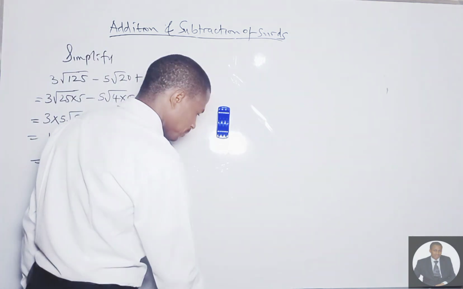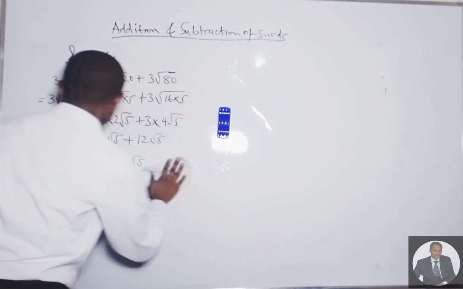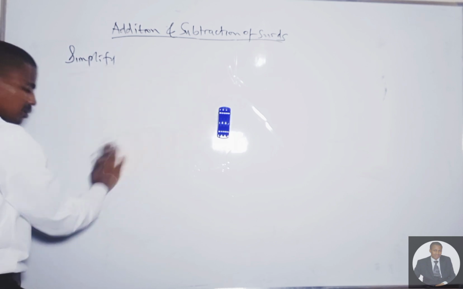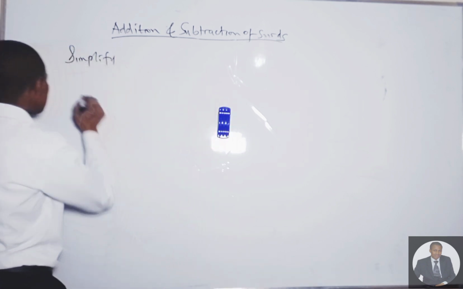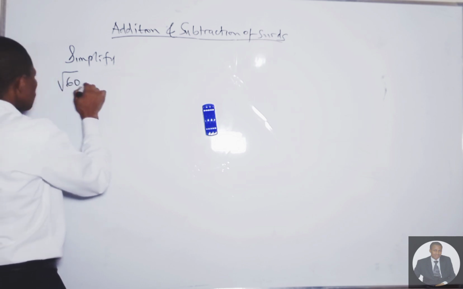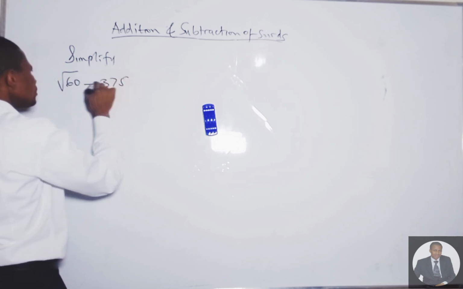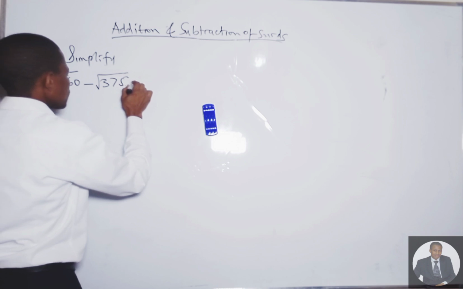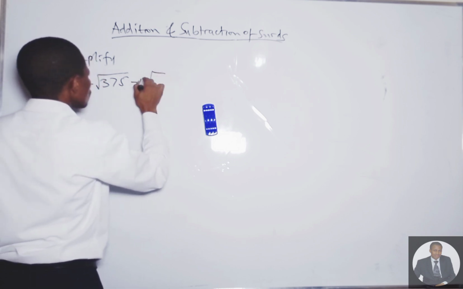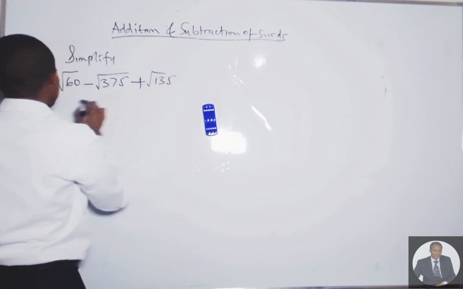Another question. Root 60 minus root 375 plus root 135.